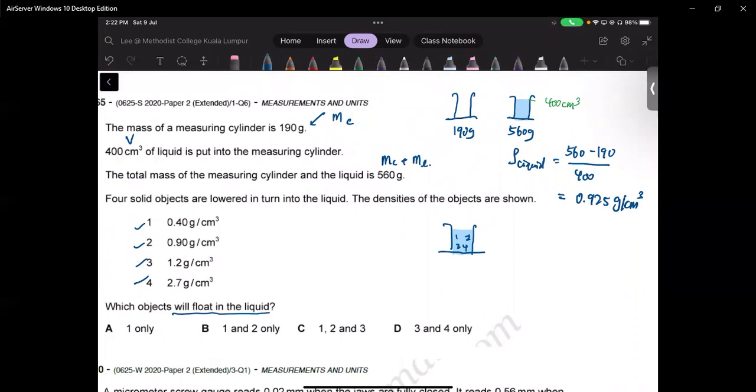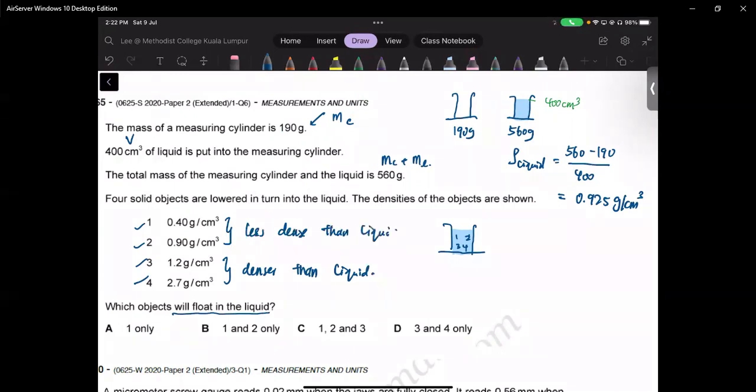Then one and two, because the density is less than the liquid. Because 0.925, it's less dense than the liquid, so yeah, it floats.